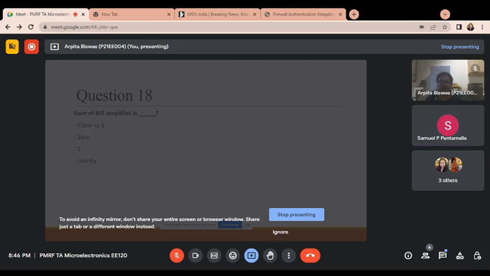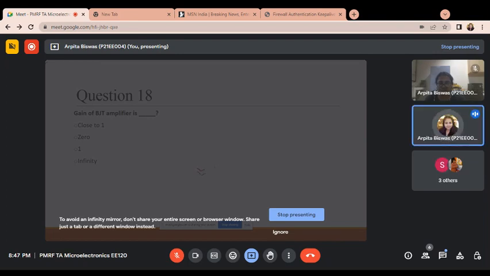Yes. So the next question: the gain of the BJT amplifier is dash, close to 1, 0, 1 or infinite. Unity gain, but ideally it is not exactly 1, it is nearly equal to 1.